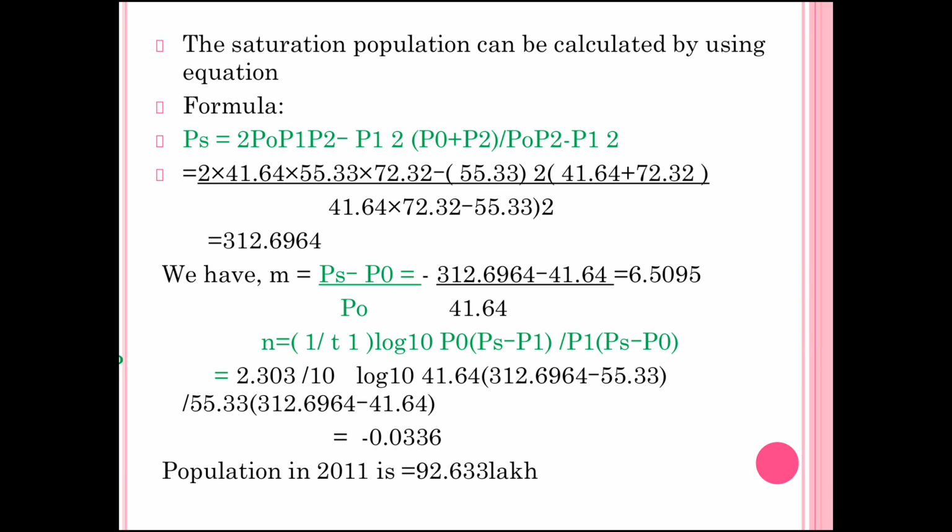Ps is the saturation population. We have to calculate the saturation population by using this equation: Ps = 2 P0 P1 P2 minus P1 squared (P0 plus P2), divided by P0 P2 minus P1 squared. This is the formula for calculating the saturation population by using the logistic curve method.